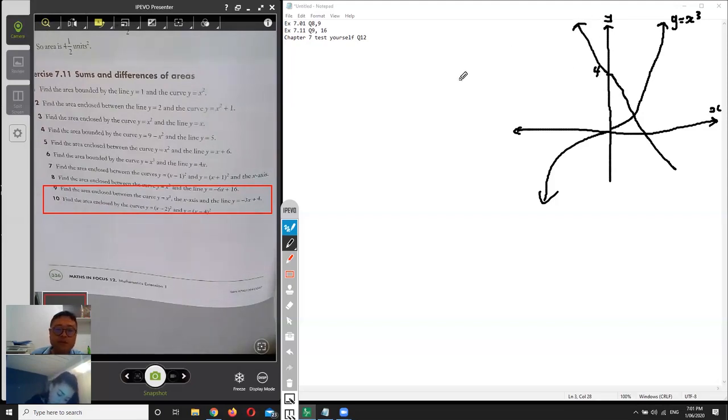So which region is going to be represented by the area that we're looking at? Would you minus the top one? Minus the straight line. Okay, well, let's have a look, right?